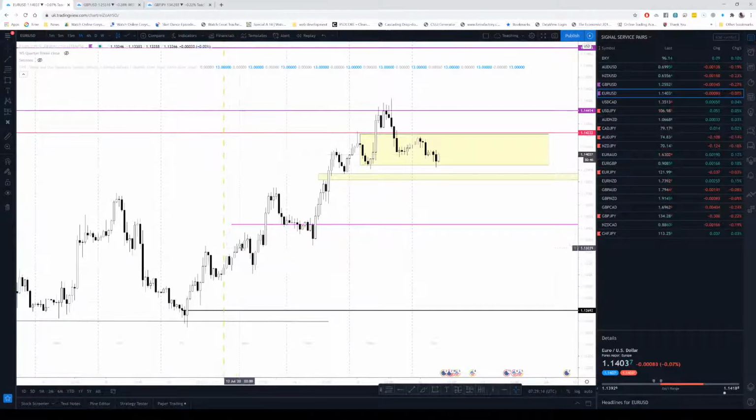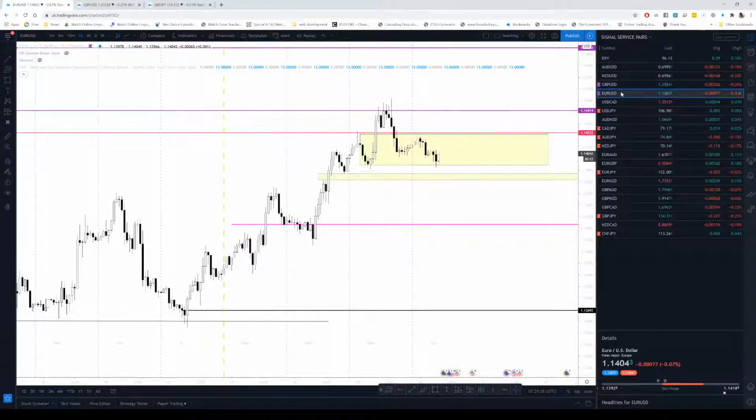We open, we went down, we went up, we opened, we went down, went up, we opened, somewhere in there, went down and then went up, and today we've opened and we went down. So we could see a potential move to the upside.